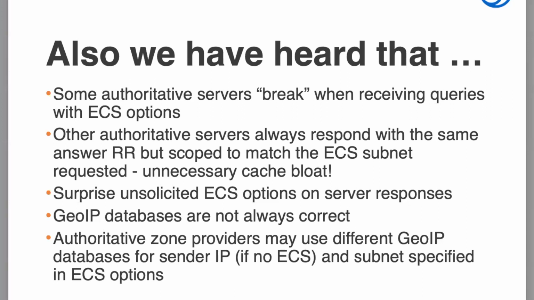So the authoritative server has two sources of where the client is. One is the resolver IP address if there is no ECS. The other is ECS options if there is ECS. Some authoritative implementations use different GeoIP databases for this business. I don't know why. I'm sorry, but that is also something to be aware of.